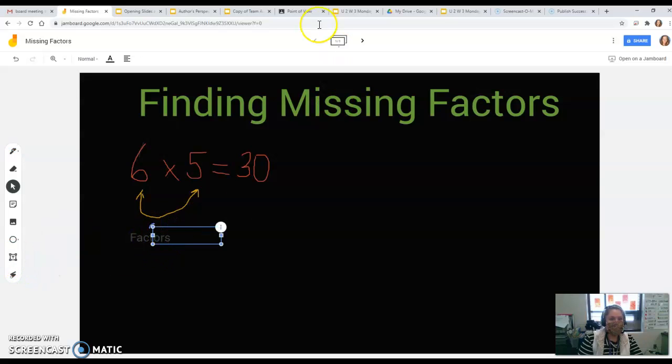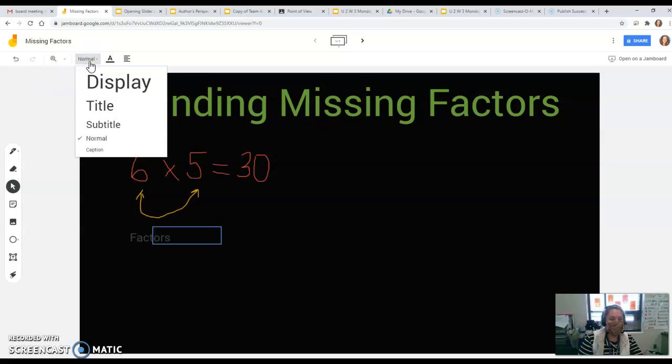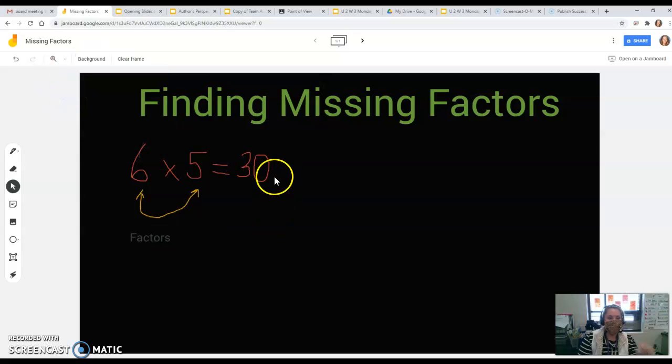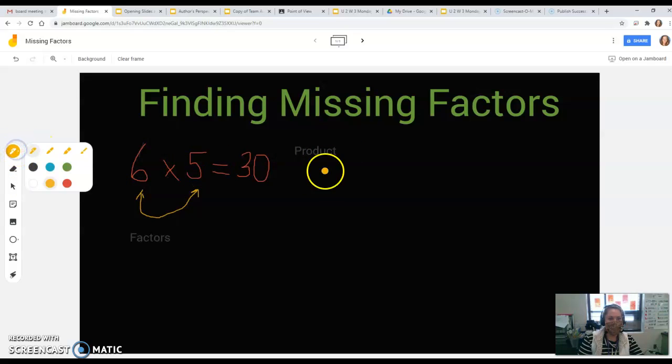So these are our factors. And then our number over here, the end number, is our product. So this would be considered the product, which is the answer at the end, right here.